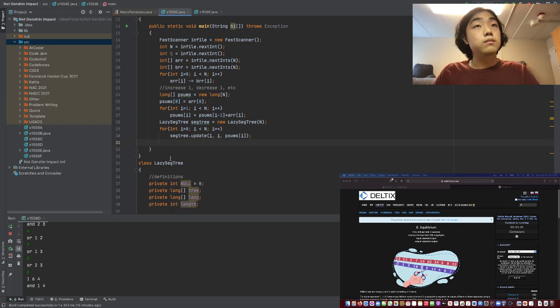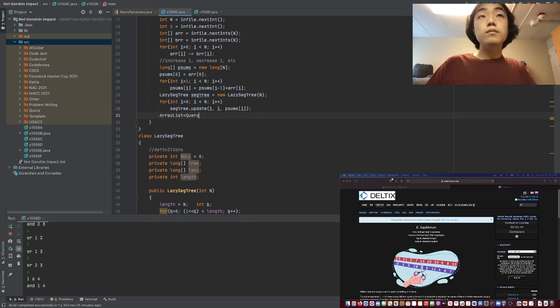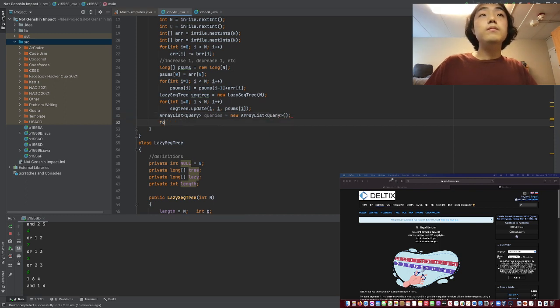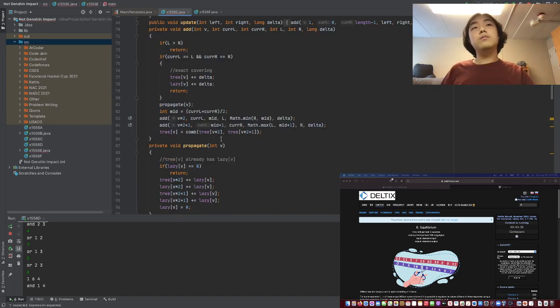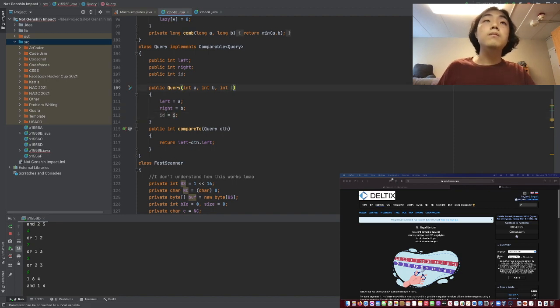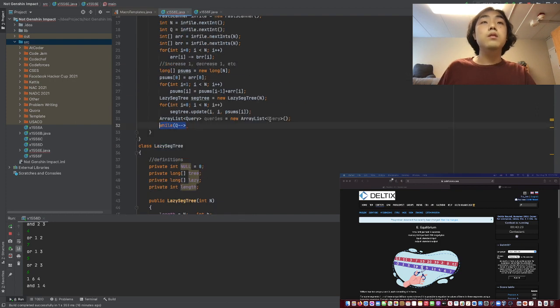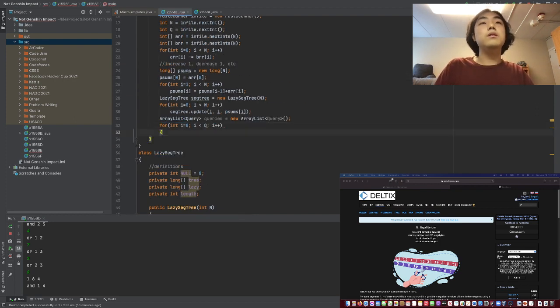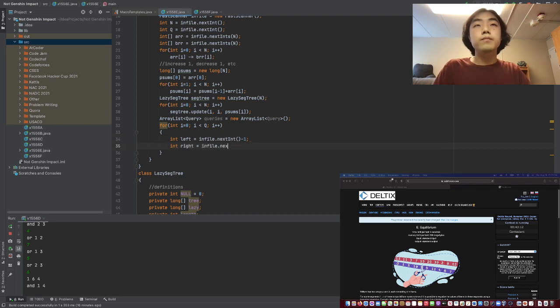Okay. Oh, right, I need to also get this, and then we do for I equal to 0, I less than q, I plus plus, left is equal to, queries add new query left right.